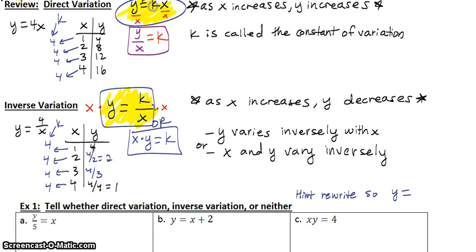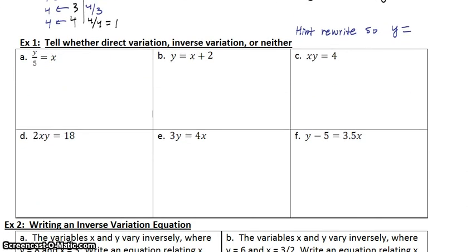All I've got is here it's multiply, here it's divide. So if I look at example 1, the ones that have plus signs or negative signs, immediately I know that is not either of my situations. So those ones we know are both neither, not direct or inverse. Let's figure out the other ones.